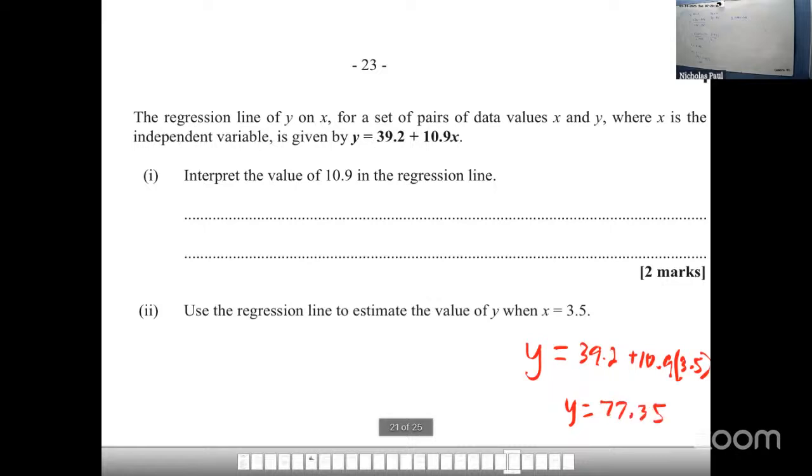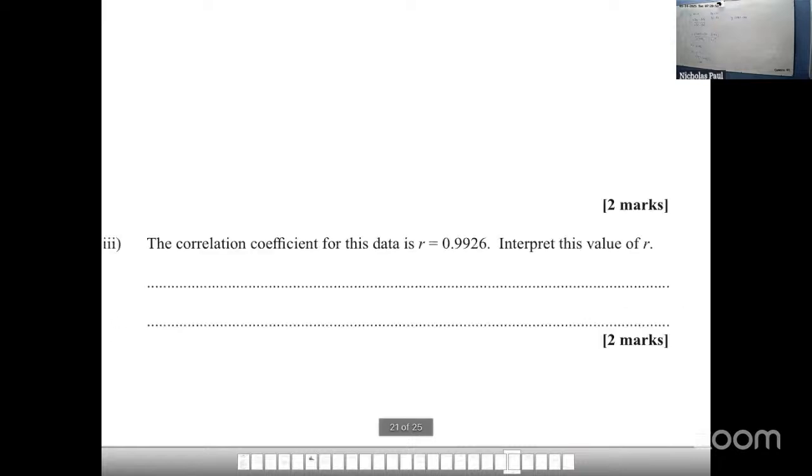So the estimated value for y is 77.35. Right? Remember, I told you that one of the uses of linear regression is to be able to estimate, right? And last part, that R value is 0.9926. We have to say what it means, right?